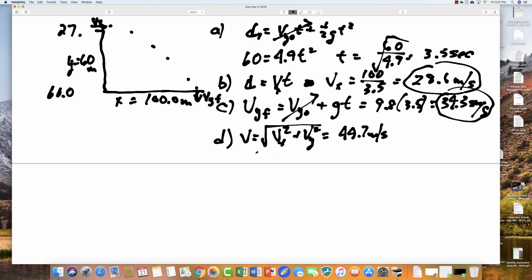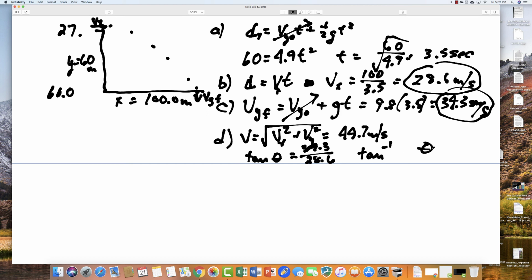And the tangent of the angle of this velocity vector is going to equal the y component, which in this case is 34.3, divided by the x component, which is 28.6. And so the angle itself is going to be the inverse tangent of this ratio.